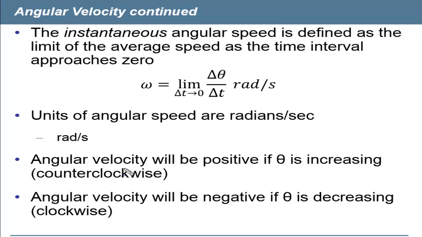So same thing with angular velocity. If something is rotating counterclockwise, then theta is increasing, and so the angular velocity is positive. So counterclockwise is positive, and if it's moving in the opposite direction, which would be clockwise, then angular velocity would be negative and theta would be decreasing.